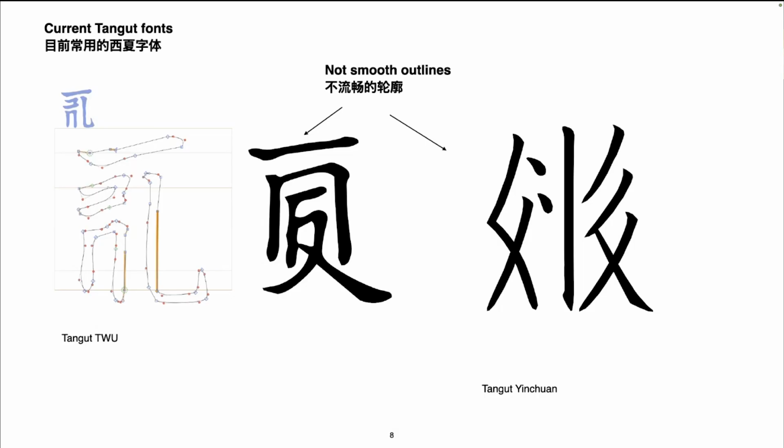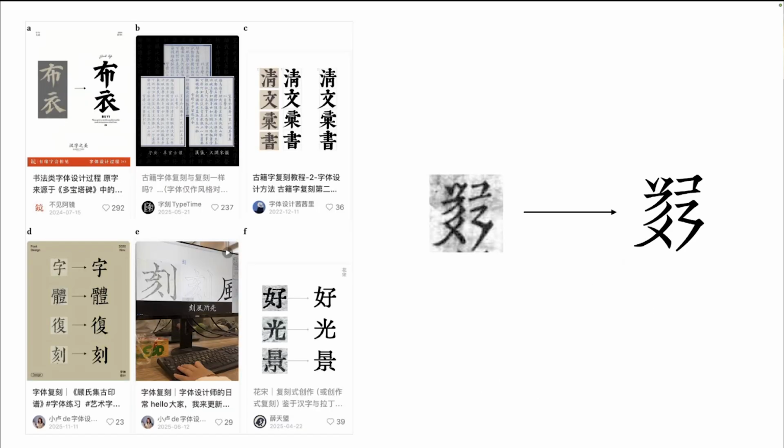So the question becomes, how can we systematically translate archival forms into contemporary digital typefaces? Although there are not many revival projects and there is very little documentation explaining how the design decisions were made, this gap is one of the starting points of this research, and it is what this thesis aims to address.